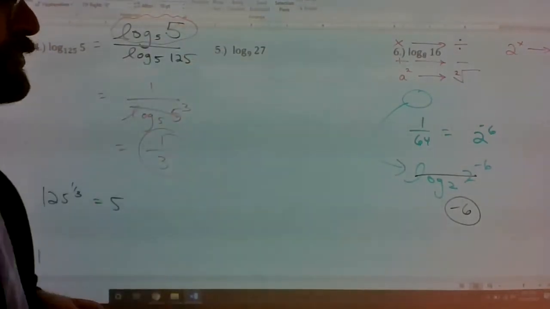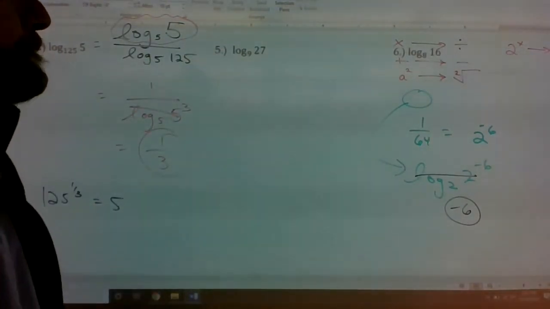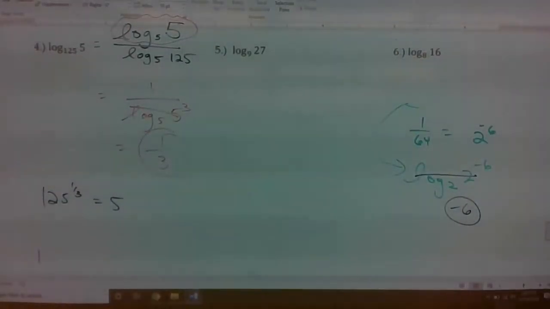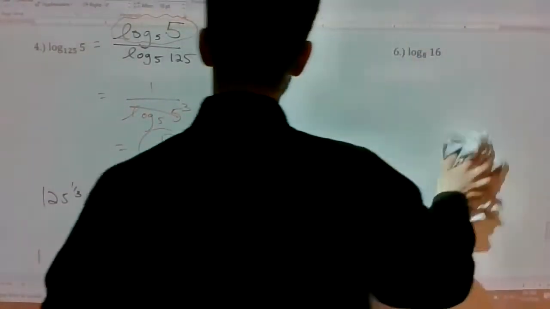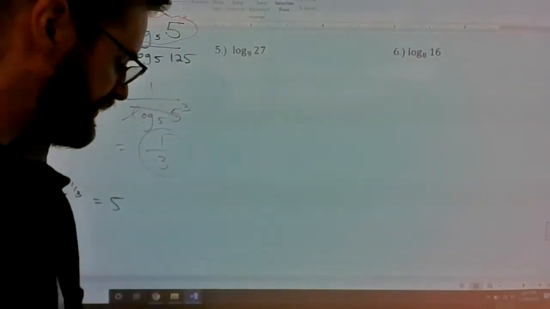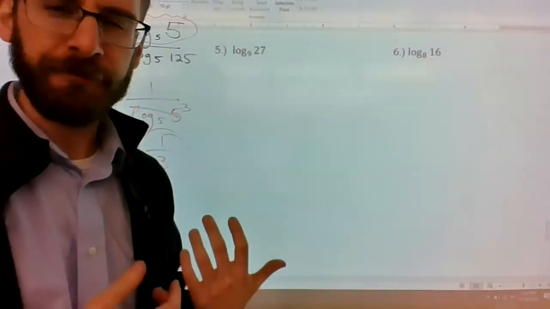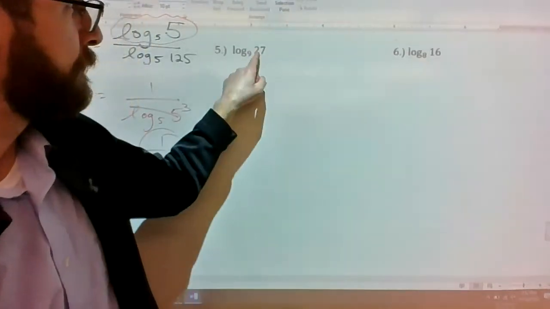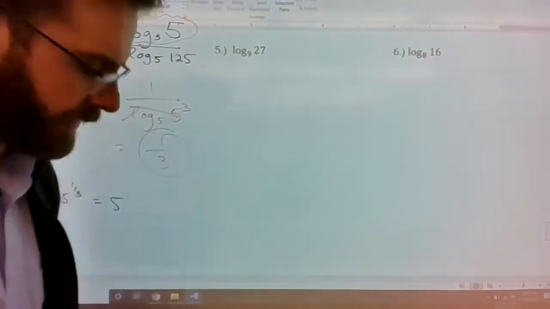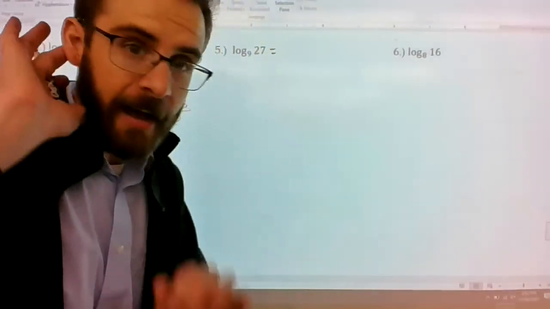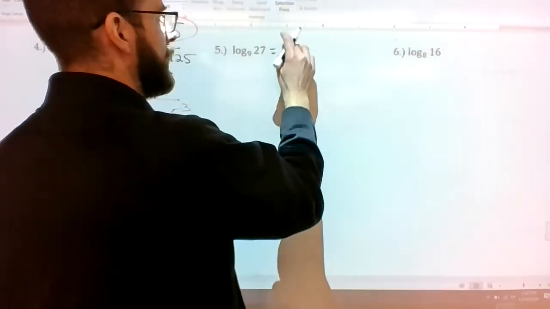Let's try that same strategy here. We've got 9 and we've got 27. What would be a particularly more helpful base if you're dealing with 9 and 27 for the exponential base versus the logarithmic base? Yeah, it's 3. I heard you back there.